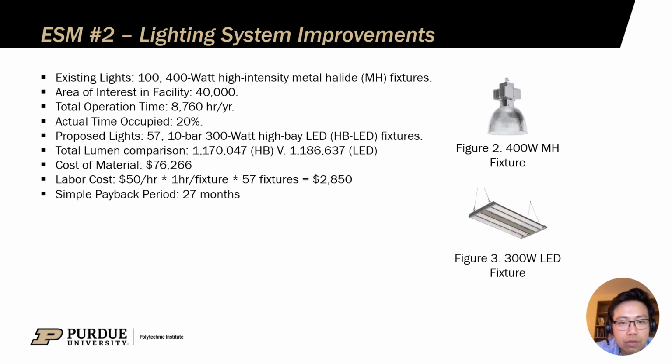The total cost for material is roughly $76,000, with labor adding $2,850, making the project cost around $80,000. We will see a payback period of about 27 months, slightly over 2 years, when we will recover our investment cost and continue saving on energy cost.